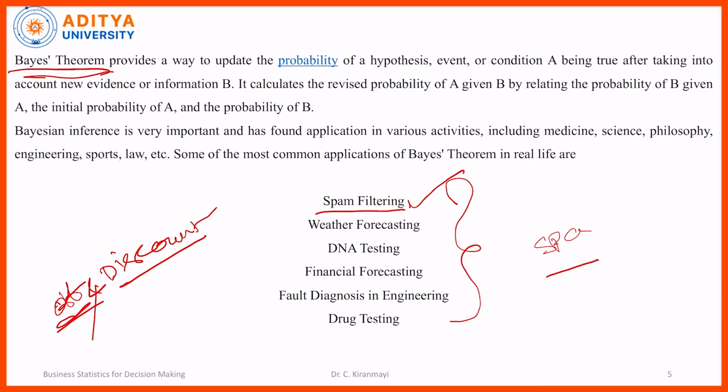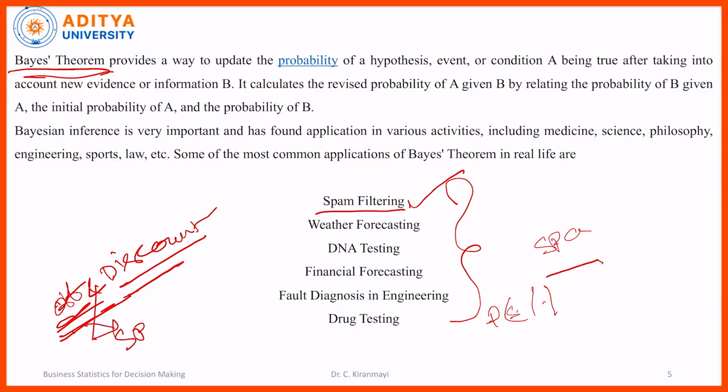So, after having those probabilities, when a mail is received by a person, based upon this information, it is going to calculate the probability that it is spam or non-spam, based upon the probability that a mail which consists of discount is a spam mail, and the probability that a mail having an offer kind of keyword is going to be a spam mail.